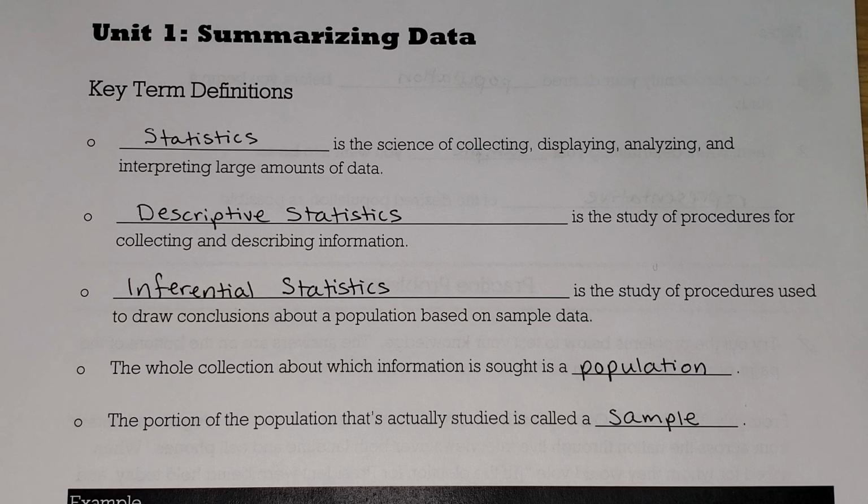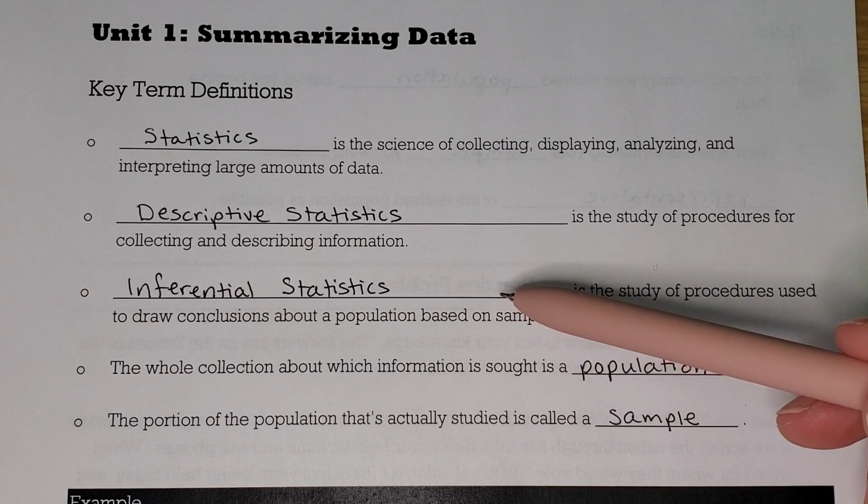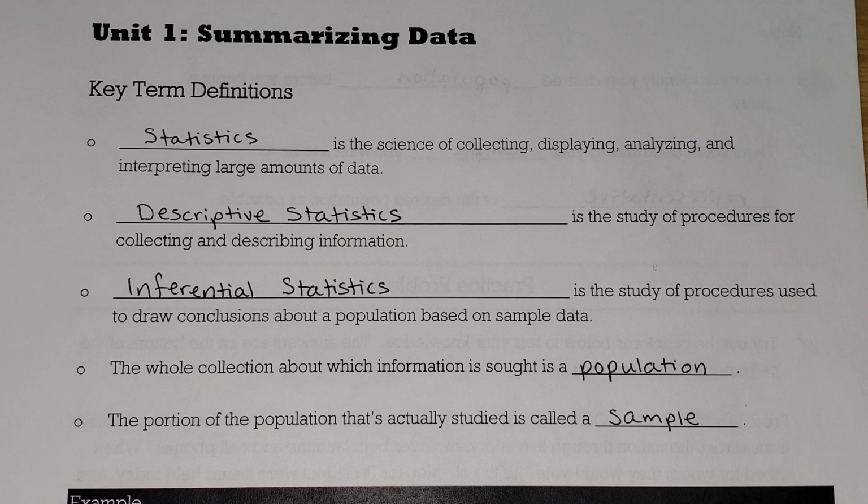So maybe I look at 100 vehicles and test them for safety regulations, and then based off of that, make a conclusion about all the vehicles that they're creating. That conclusion I would be making would be inferential statistics, and how I chose those 100 vehicles to look at would be the descriptive statistics.